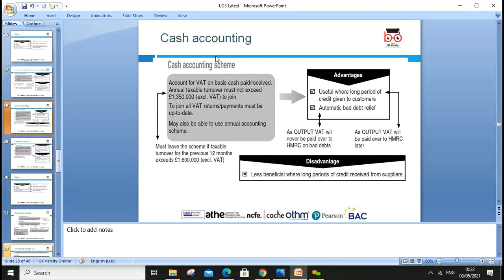Your input VAT can be claimed only on purchases when you actually make the payment to your supplier, and output VAT when you receive the money from your customer. And if you have bad debts, there won't be any to adjust. Do we know the bad debt rule? How old should it be before you can reclaim?